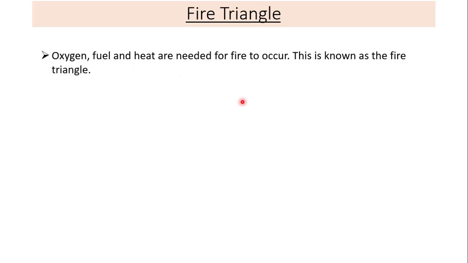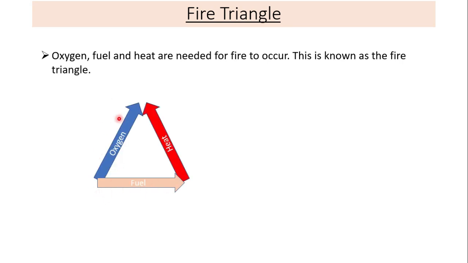At normal heat, fuel and oxygen may be present, but if there is less heat, not reaching, let's say, above 80 degrees Celsius or 60 degrees Celsius, fire will not happen.